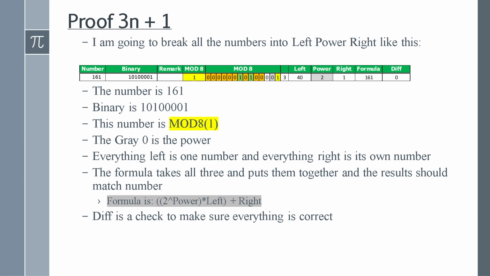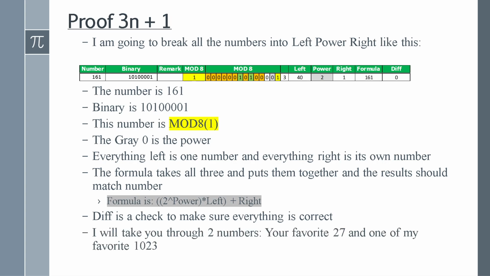And so then I do a difference check to make sure, if I get something other than 0, something is wrong. Right, and so now we're going to look at your favorite number 27 and one of my favorite numbers 1023.